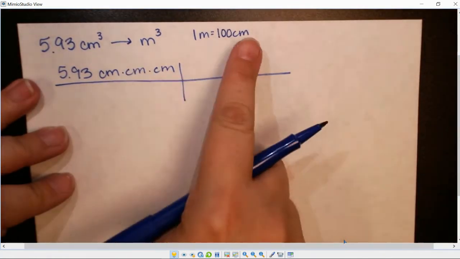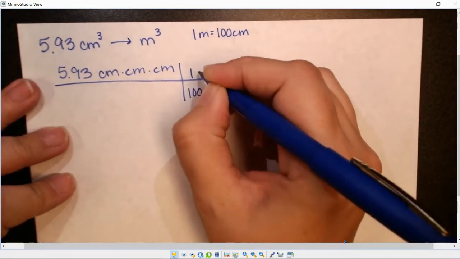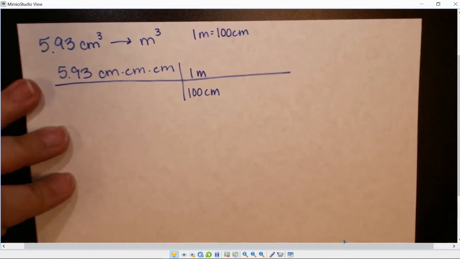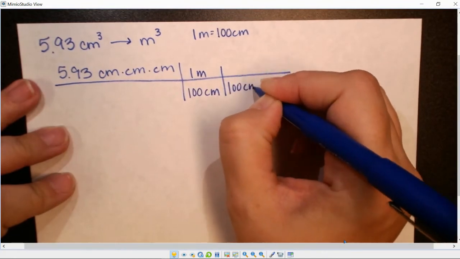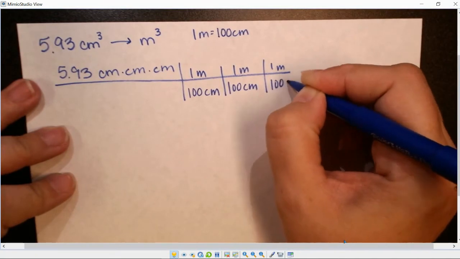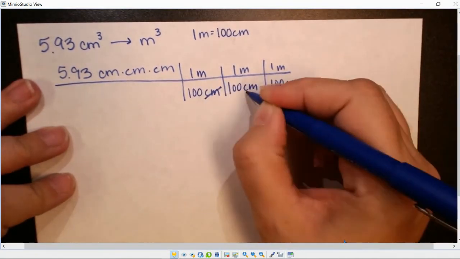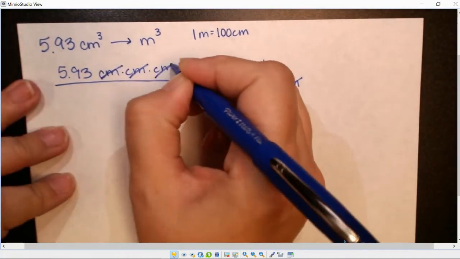I need to put my centimeters on the bottom, so 100 centimeters for every 1 meter. But I need to do that 3 times because I got to get rid of centimeters cubed. So centimeter, centimeter, centimeter cancel.